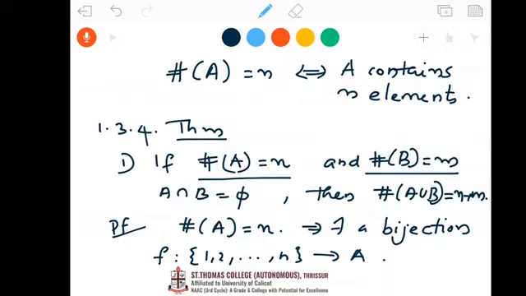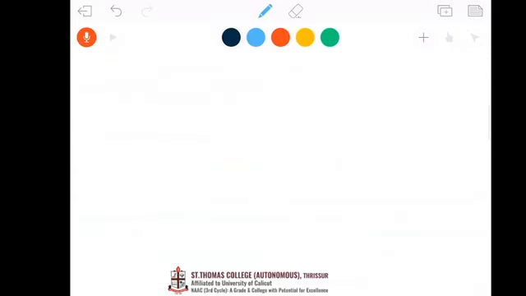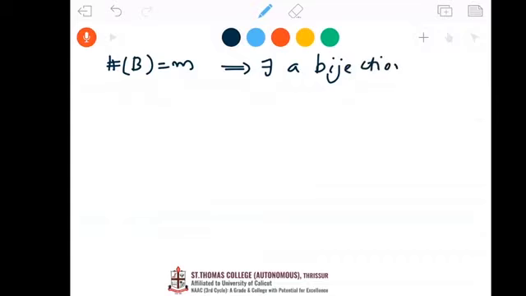B contains m elements. So the number of elements in B is equal to m. This means there exists a bijection, I will call it g. G is from 1 to m to B.